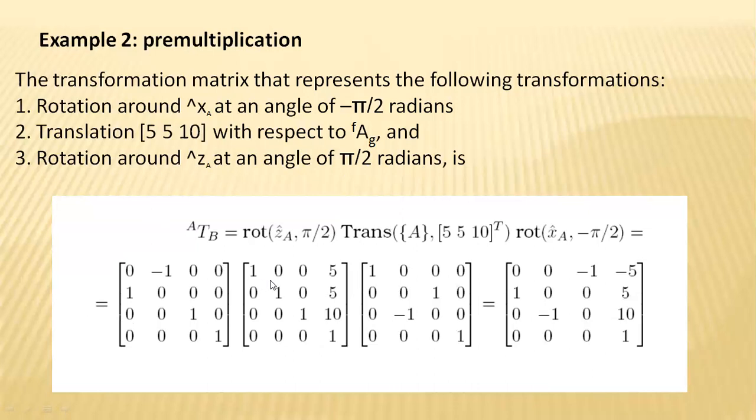And in the case of translation, the rest is the unitary matrix and the translation progresses. The prismatic movement is only in the positive axis: positive x is equal to 5, positive y is equal to 5, positive z is equal to 10.